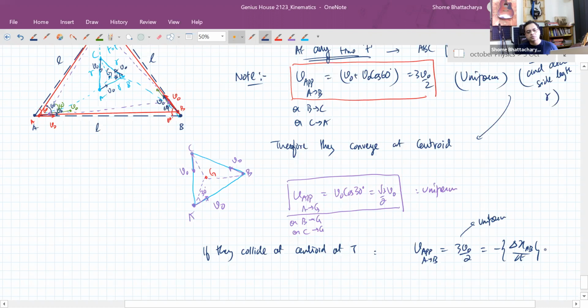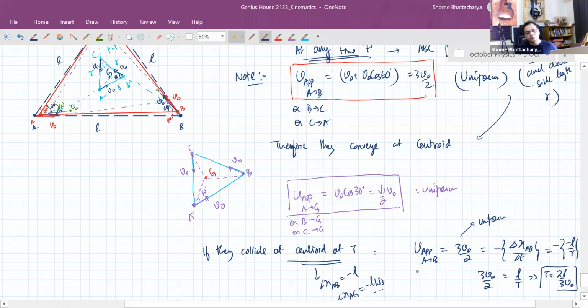Okay. So this will become minus L, or delta x between A and G for that matter will become minus L by root 3. Now this also I'll show you why it's L by root 3. But first let's look at this. So this is minus of minus L by T. So you can see 3 V naught by 2 should become L by T. So the time should become 2L by 3 V naught.